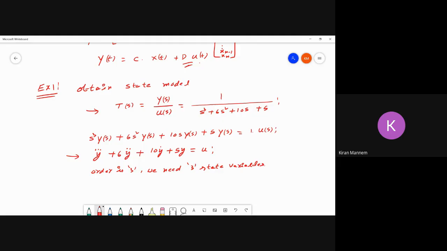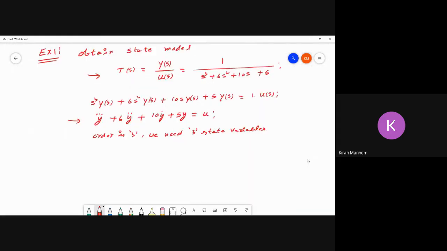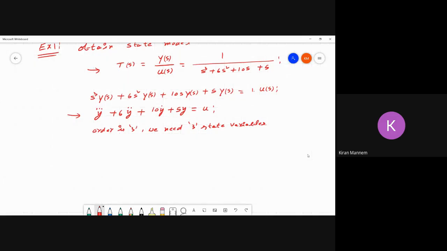Now, how do you assume the state variables? Same procedure. The first state variable x1 must be equal to your output, x2 must be the first derivative of the output, and x3 would be y double dot.